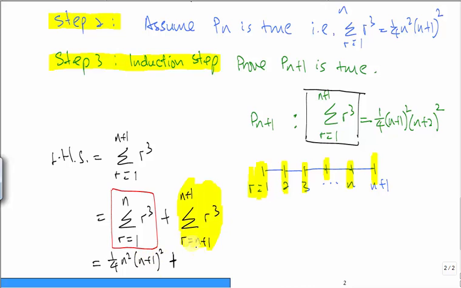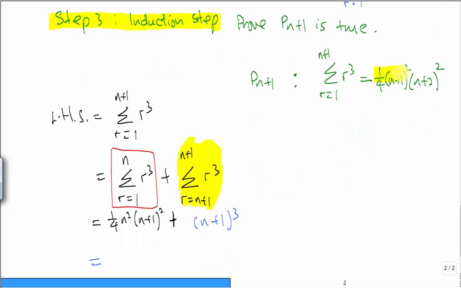Now for this expression, the r starts from n plus 1 and stops at n plus 1. So I first substitute the r by n plus 1 into r cubed. It will give me n plus 1 cubed, and my r is supposed to stop at n plus 1.